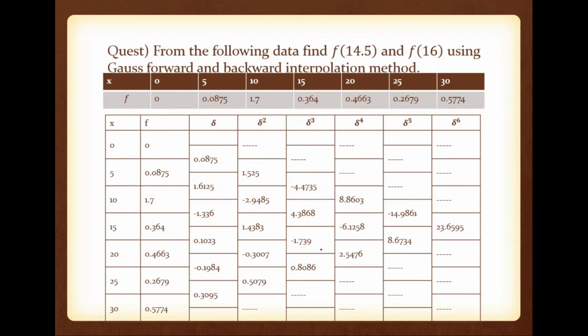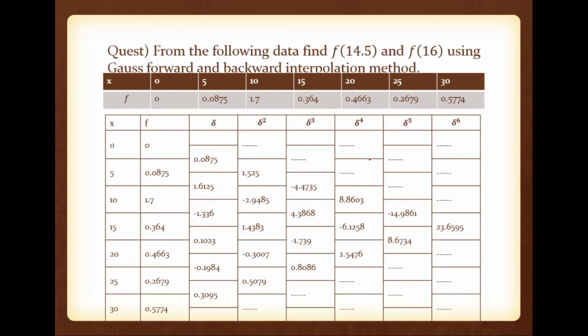So using this third central difference, we have to find the fourth central difference. So 4.3868 minus minus 4.4735 is 8.8603. Minus 1.739 minus 4.3868 is minus 6.1258. 0.8086 minus minus 1.739 is 2.5476.